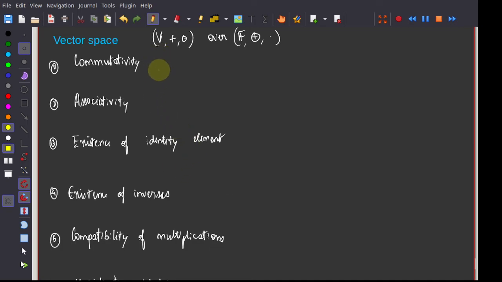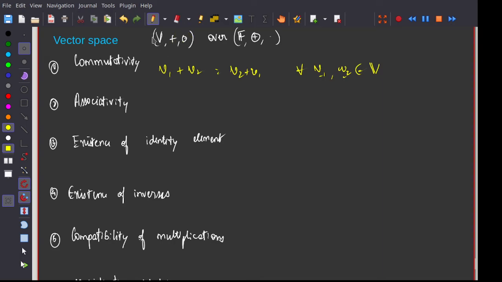So firstly you have commutativity of addition: v1 plus v2 is equal to v2 plus v1 for v1, v2 in the vector space. Remember that this addition is addition of two vectors, whereas multiplication is multiplication of a field element with a vector.